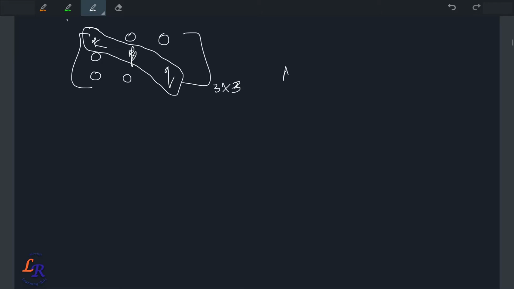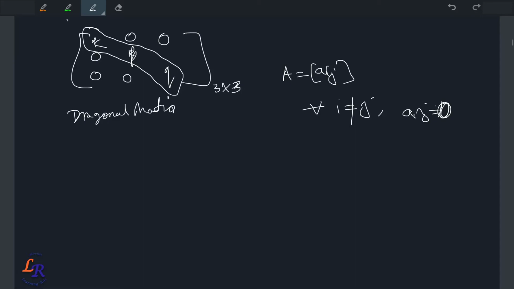So for example, if you represent a matrix A is equal to Aij, then for every i equal to j, you will get some Aij value, but for every i not equal to j, Aij will be 0. That is the important condition for a diagonal matrix.